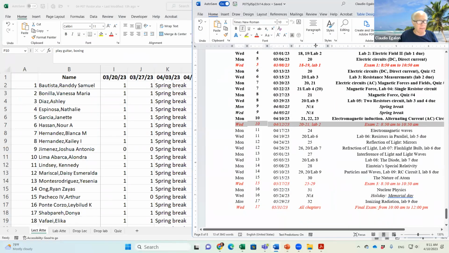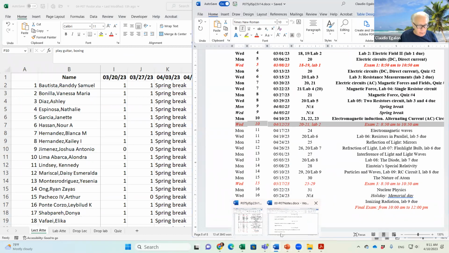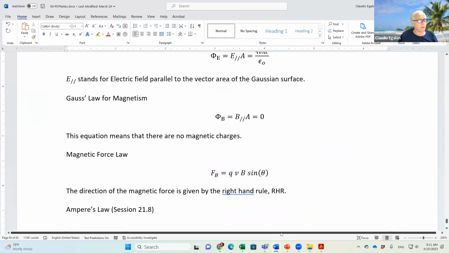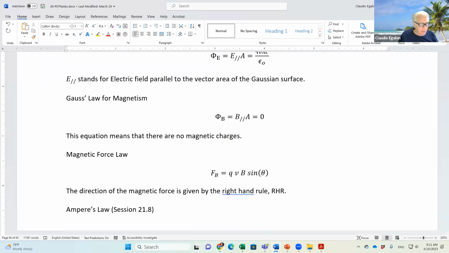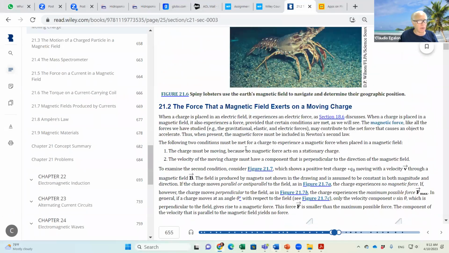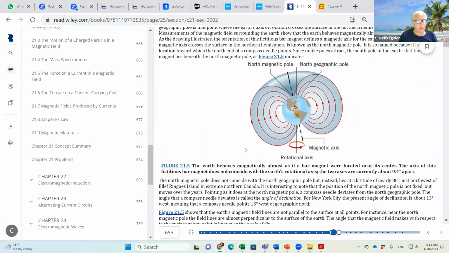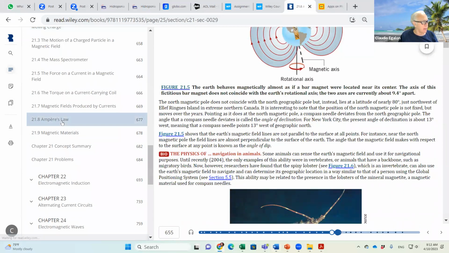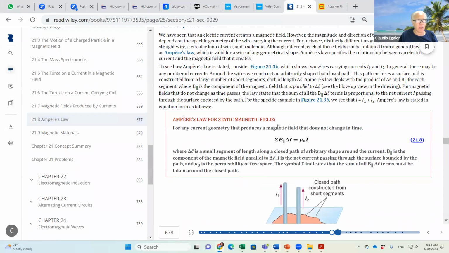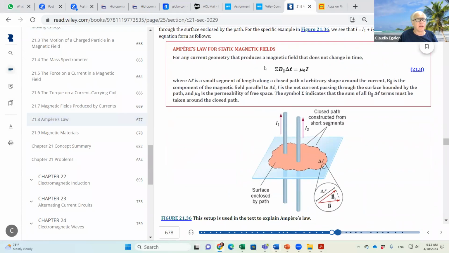Notes right in here. Another law of physics. And how do you formulate it? Let's take a look at the equation in the book. Okay, here you go. Here's the equation.